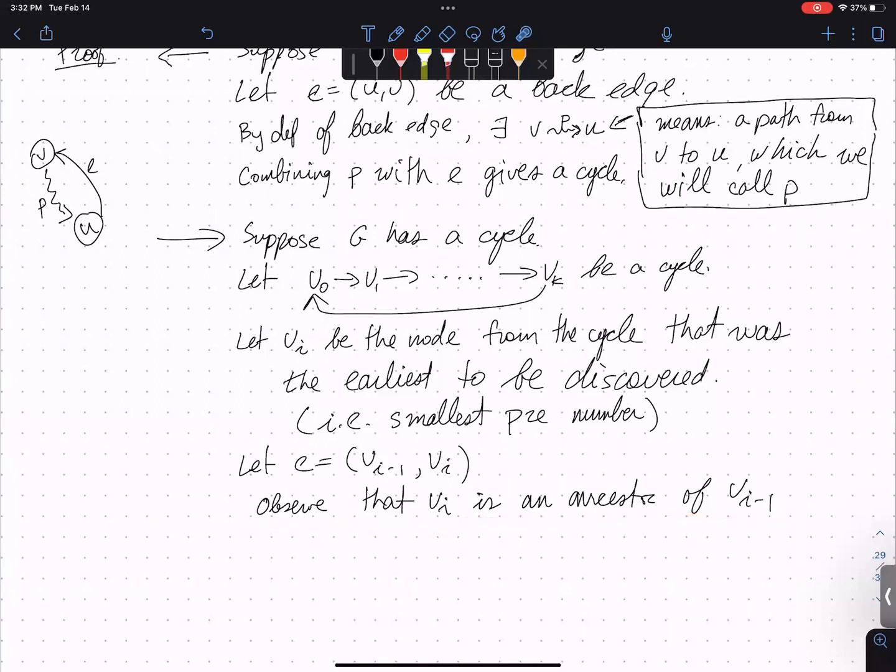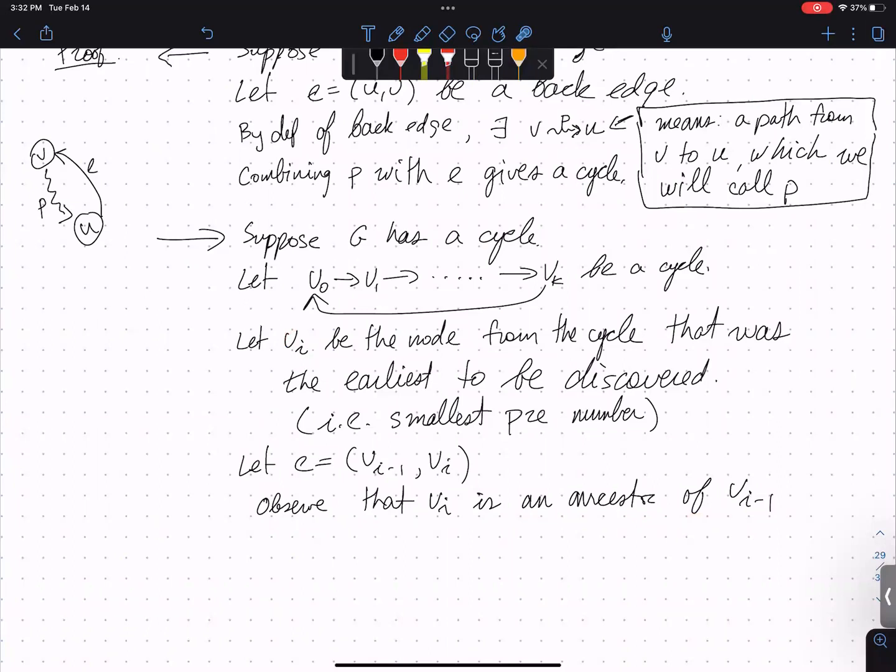Well, when we're running DFS, the first node we hit on the cycle is VI, by the way we defined VI. When we explore VI, remember we are going to explore the whole connected component before we're done with VI.